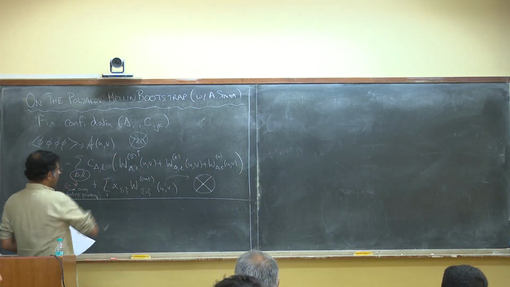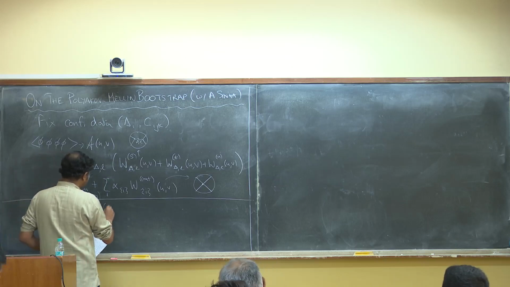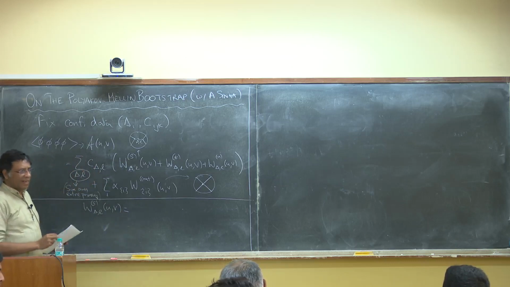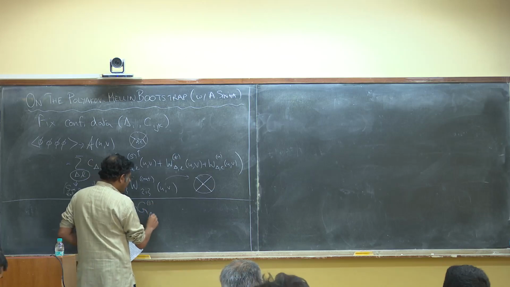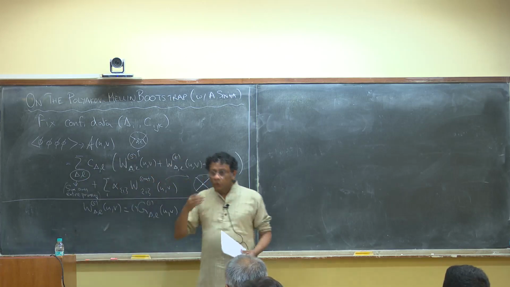I should say some things about these conformal blocks, these Witten blocks, which will be useful for some of the technical things later. What is the structure of this Witten diagram? Up to some proportionality, these can be expanded very simply in terms of the usual conformal blocks.